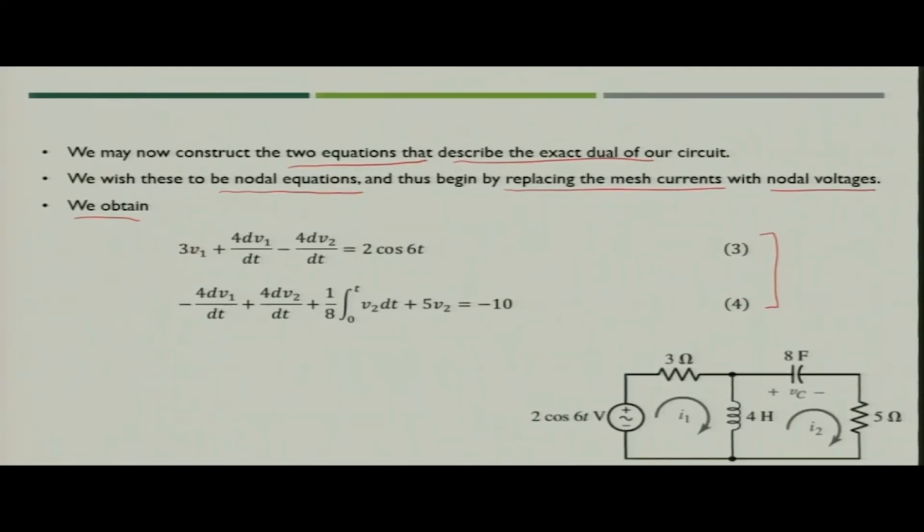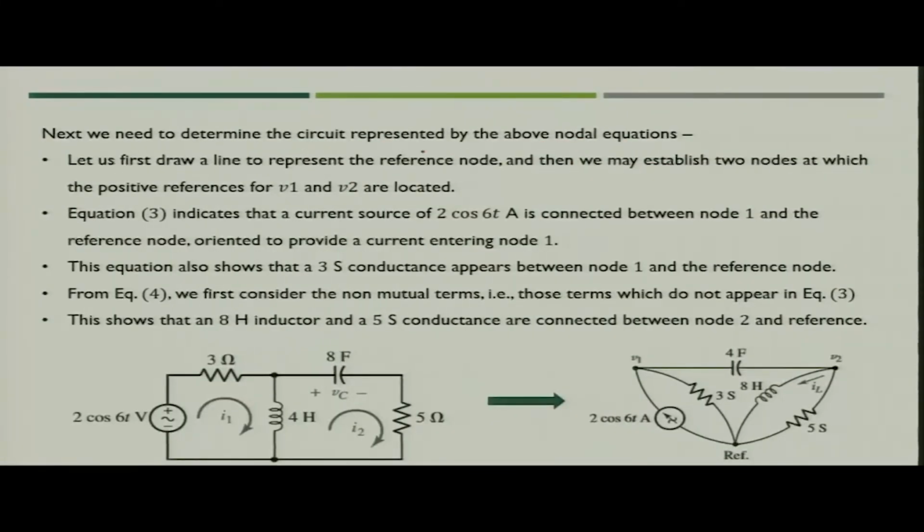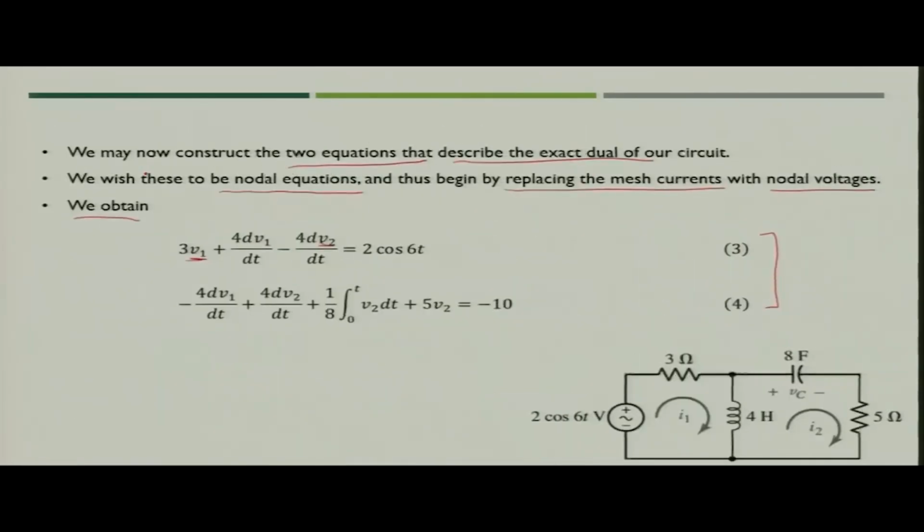Now, if you see these two nodal equations, you can easily verify that they involve two nodes. We will first analyze these two equations and try to find out what they mean. When we see these two equations, we come to know that there are two nodes.